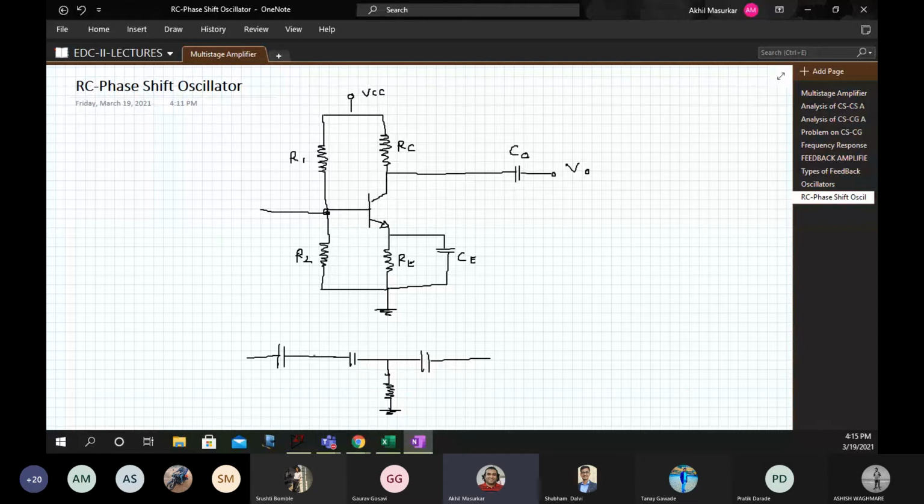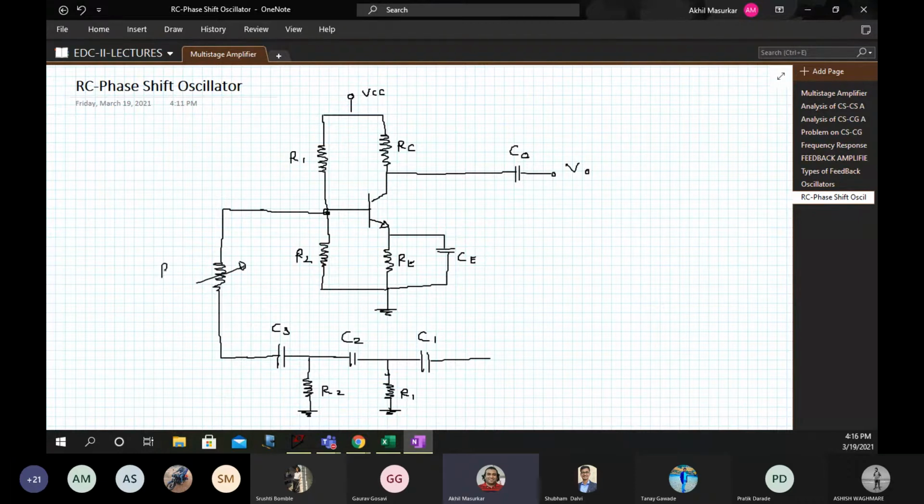This is R1, R2, C3, C2, C1, and here we can have one small R3 this way.